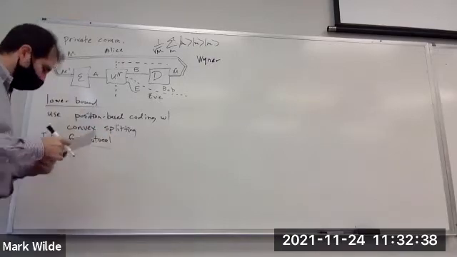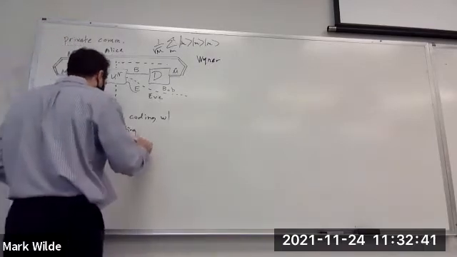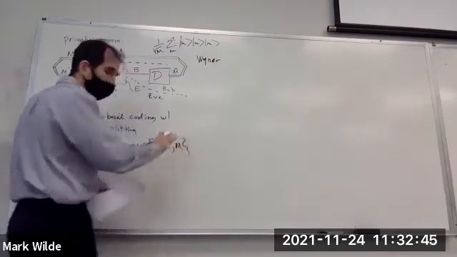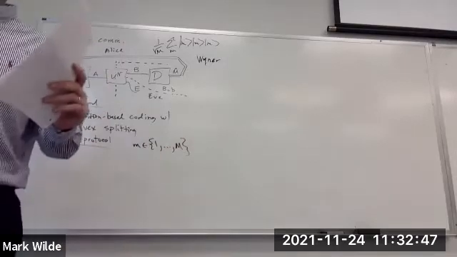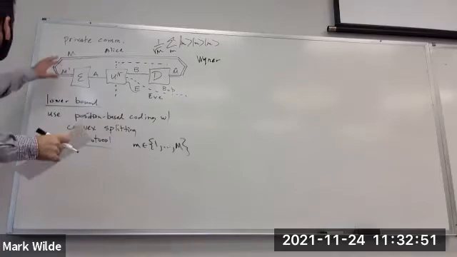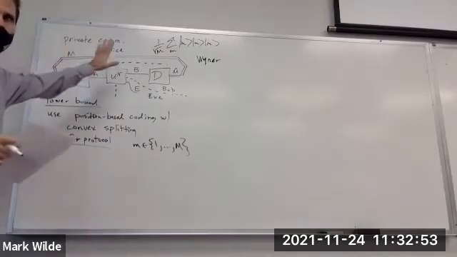So there will be a message variable M. It takes values 1 through big M. Big M will be the number of messages you can send. And we don't confuse that with the message register.